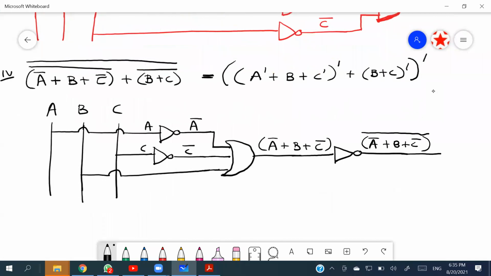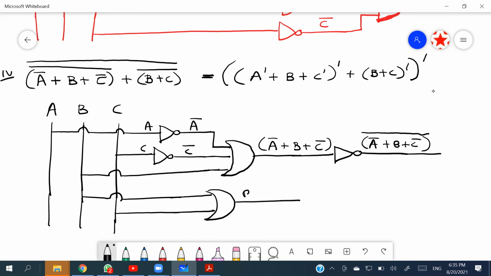And now I need to create B plus C total bar. So for that, I need a line from B and C. So I'll take a line from B and a line from C, and I'm going to put them inside an OR gate.